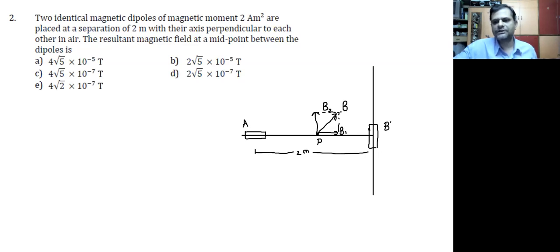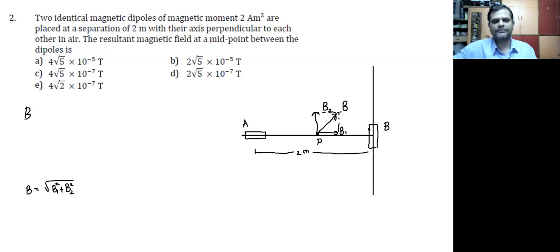Just don't confuse between this B and this B. Okay, that is the name of the magnet actually, and this is the magnetic induction here. So resultant magnetic induction or magnetic field here will be root of B1 square plus B2 square, because the angle between them is going to be 90 degrees here. So therefore we can just use this formula.